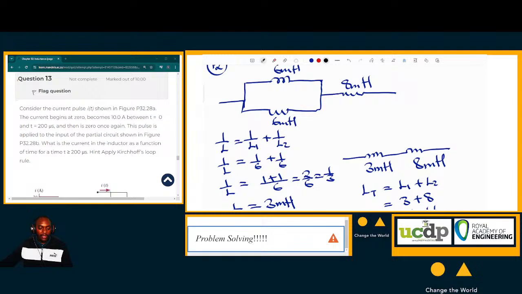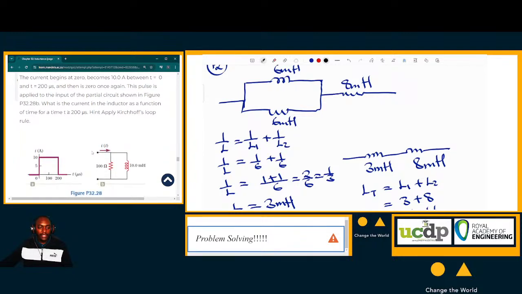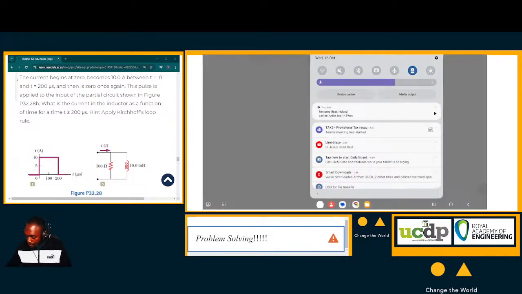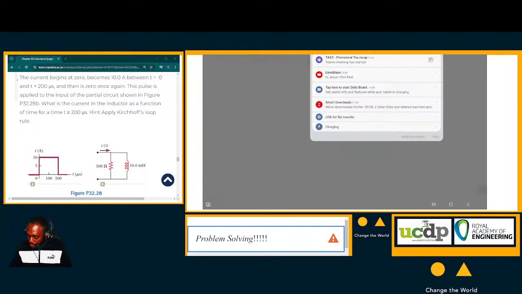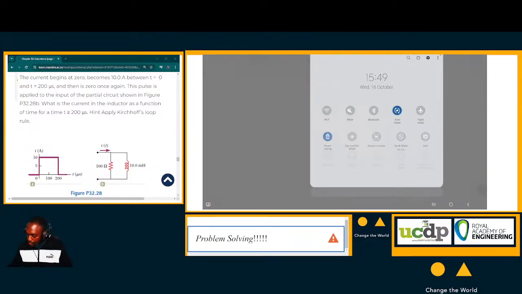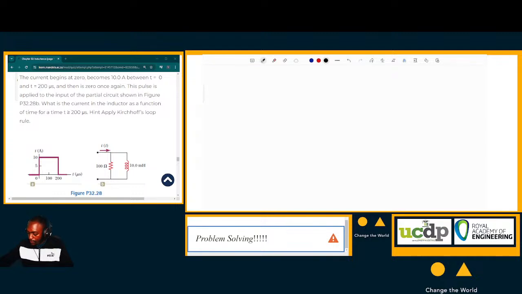So I'll just scroll down a bit so you could see the circuit. This is how the circuit looks. So first, on diagram A we've got the pulse.